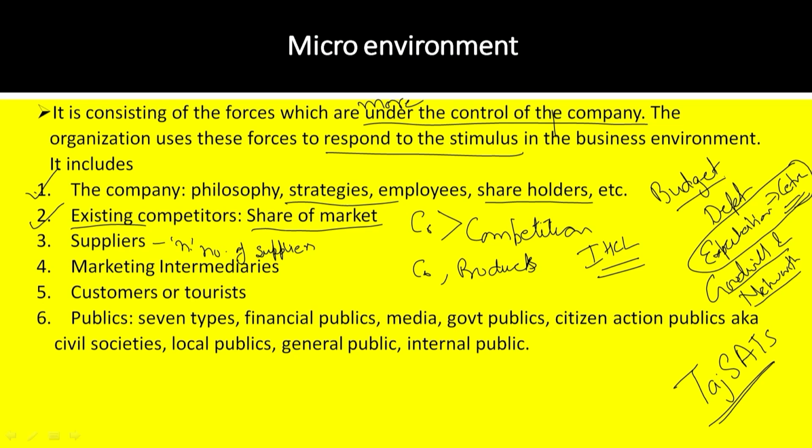So if these suppliers make any change in their supply or in the timings during which they can supply or the quantity which they can supply, then immediately the TMC has to make the necessary change to adjust to these things.